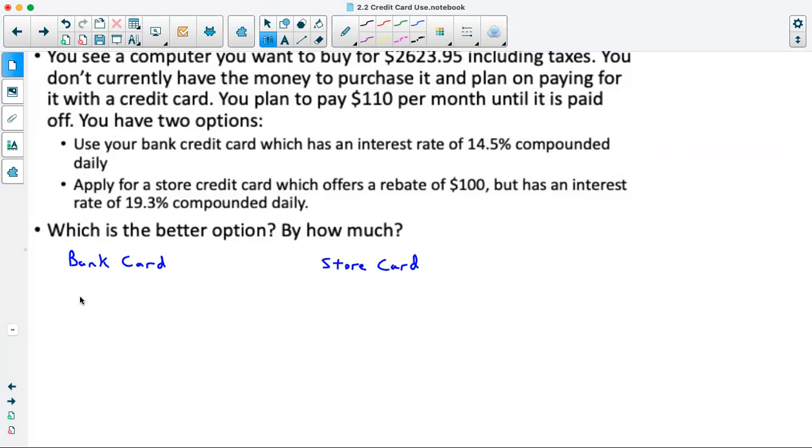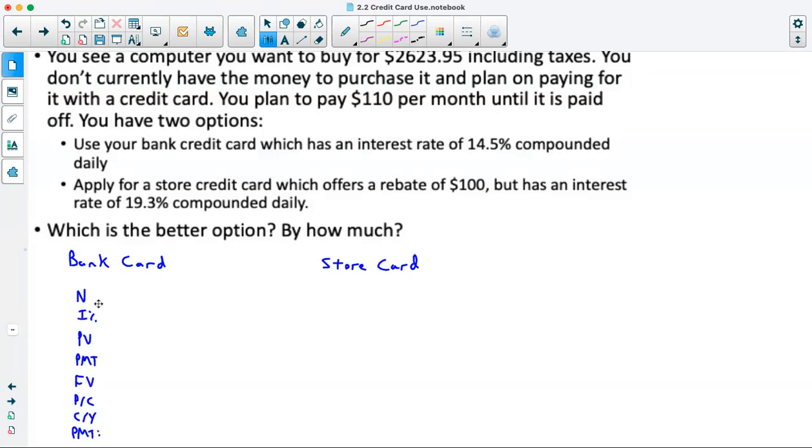Okay, so we essentially have N, I, PV, PMT, FV, P/Y, C/Y, and payment.